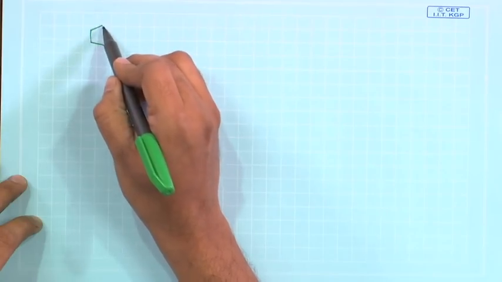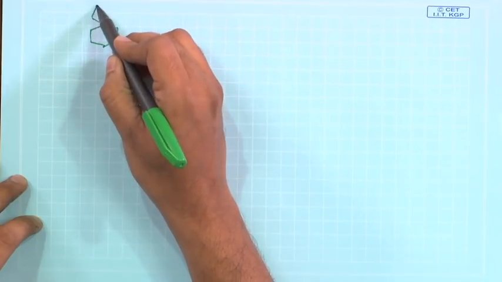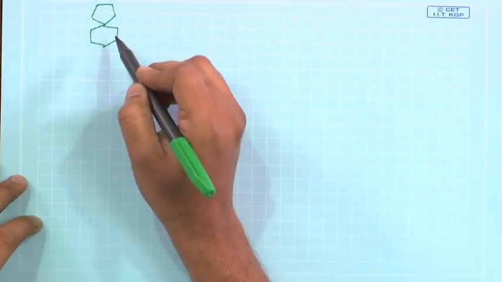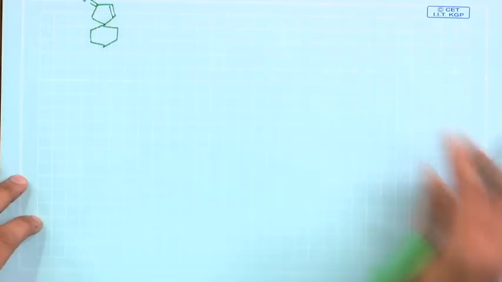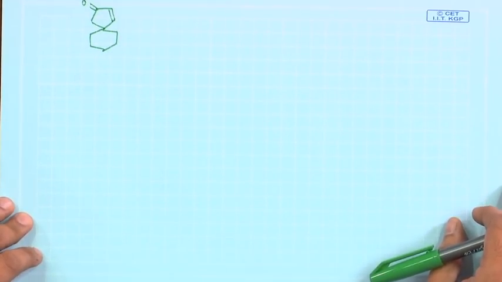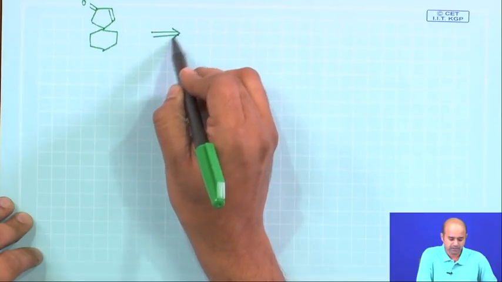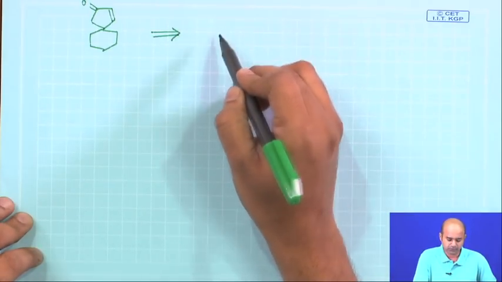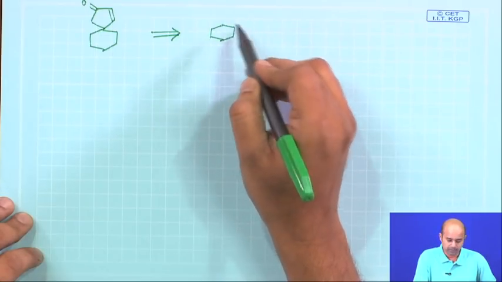Let us talk about a very simple target molecule. The target molecule has this structure, a spirocycle compound. Now, for this spirocycle, for the sake of simplicity, discussing the transformation based approach is fine, but for your better understanding I have given you the starting material also.